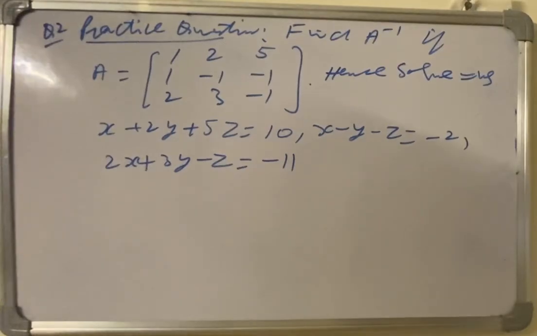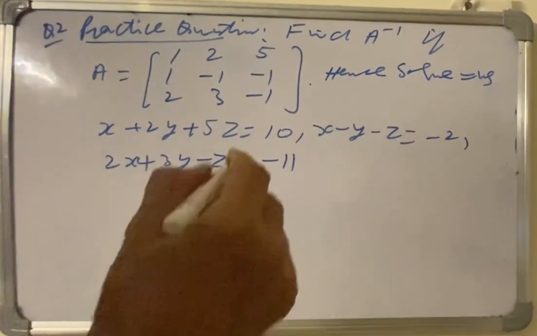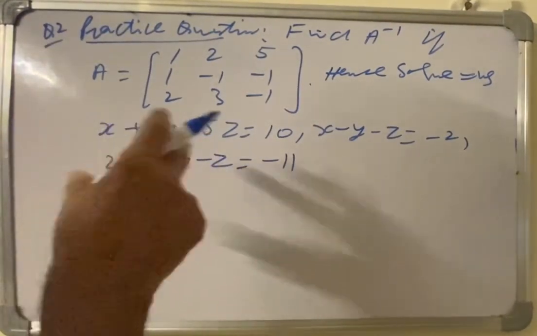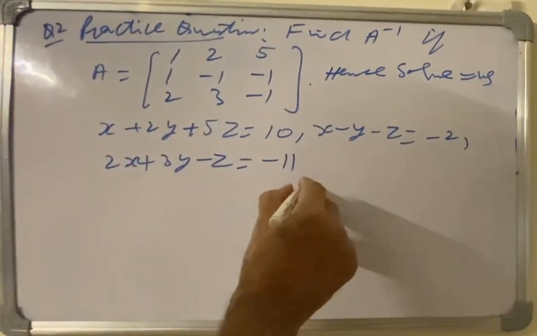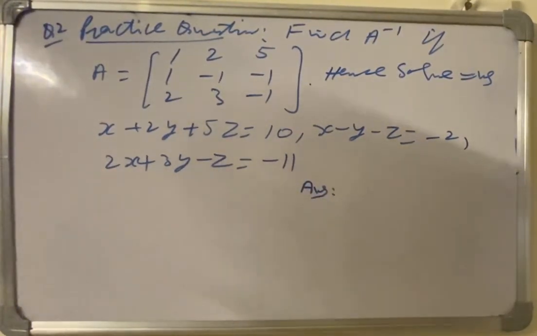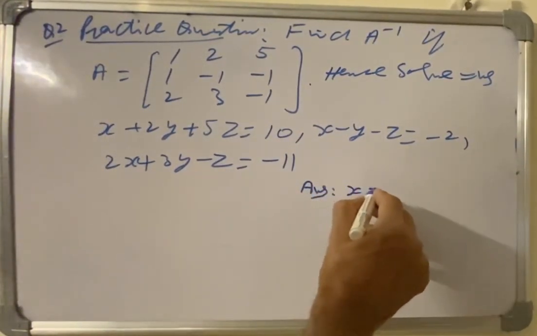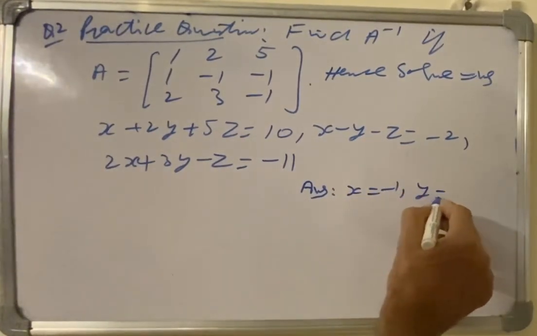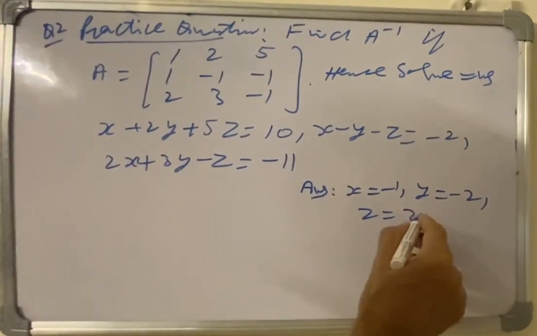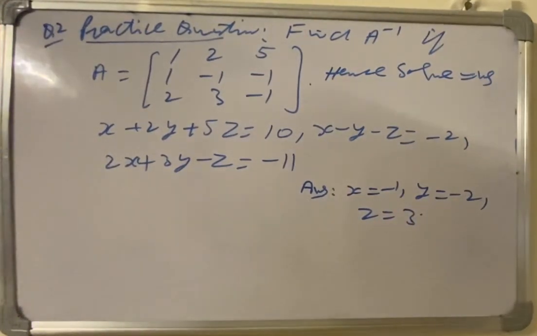You will do it exactly in the same way as we have done the previous question. First of all, we shall find A inverse. Then after that, by using relation X is equal to A inverse B, you will solve this. And the answer for checking will be x is minus 1, y is minus 2, z is 3. So please do it in the same way.